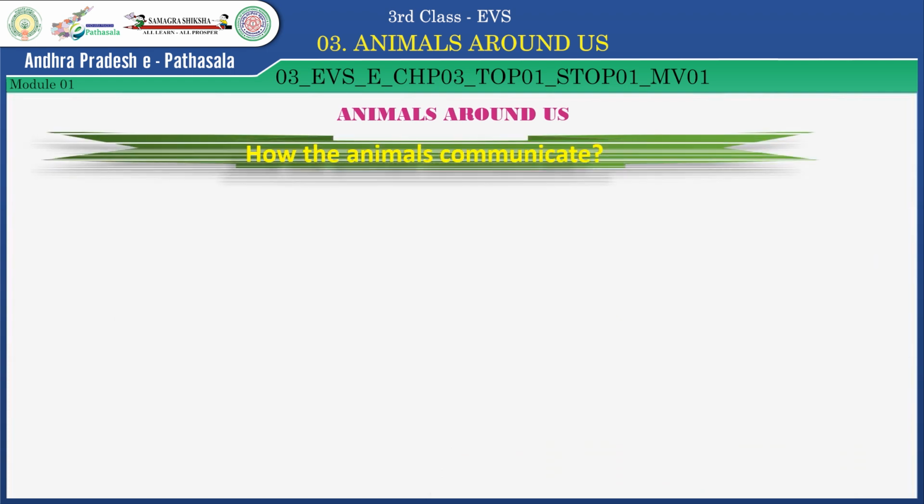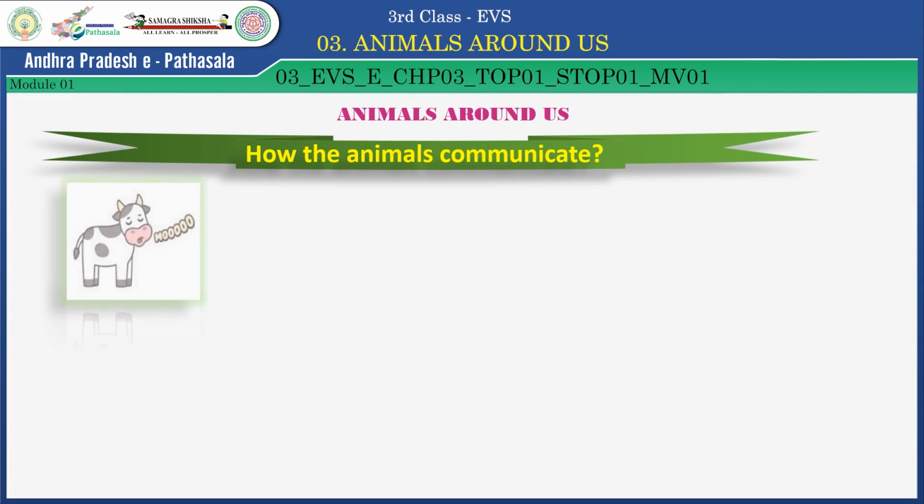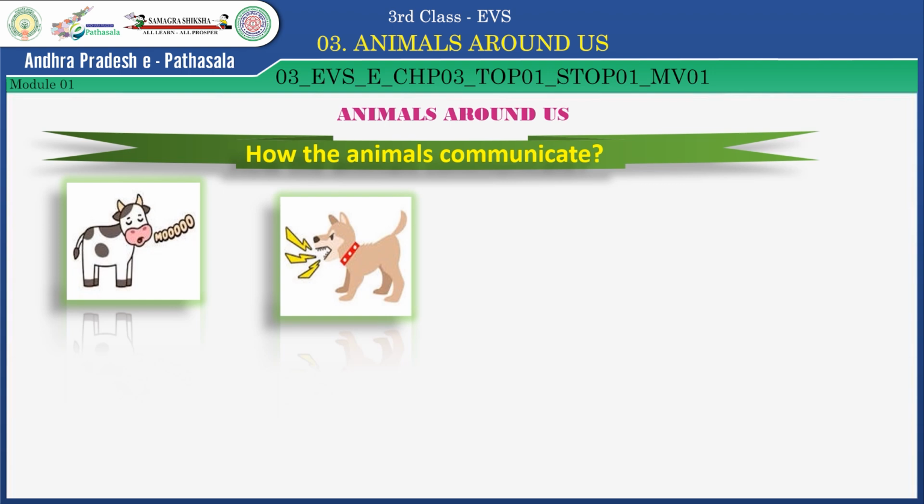Students, we express our feelings in words. What about animals? Different animals communicate in different ways. The calf moos. The dog barks. The lizard squeaks.